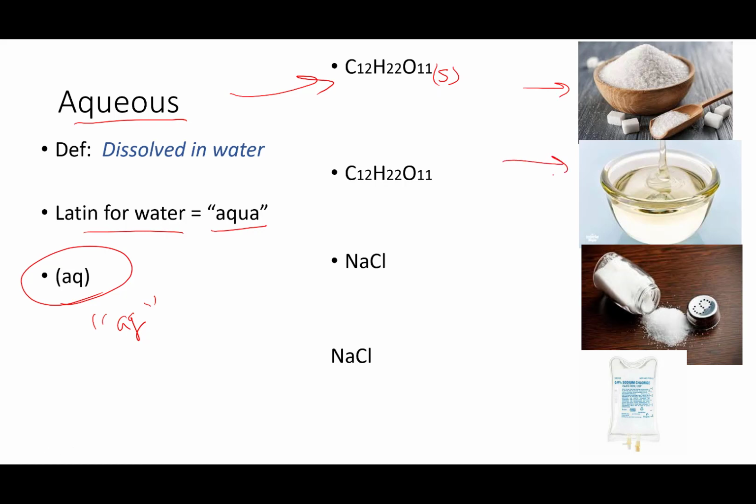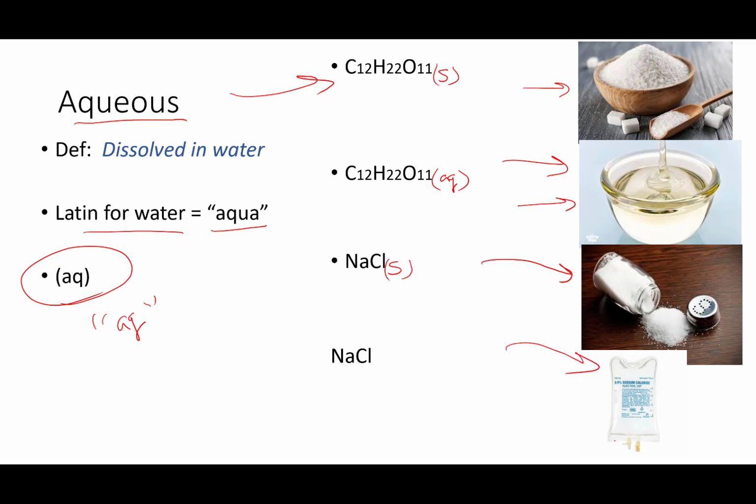If I want to indicate that I have a sugar-water mixture, I'm going to say C12H22O11(aq). Now, notice I'm not saying what percentage water, I'm not saying how diluted the solution is, I'm just saying I've got a sugar-water solution. If I want to say salt crystals, I'm going to say NaCl(s).